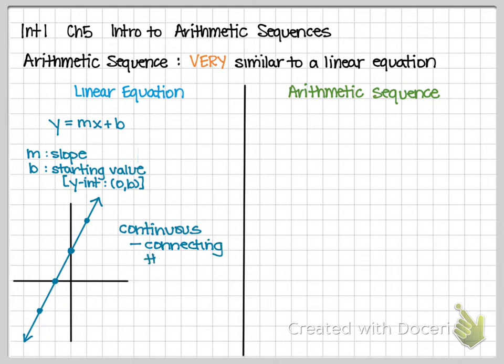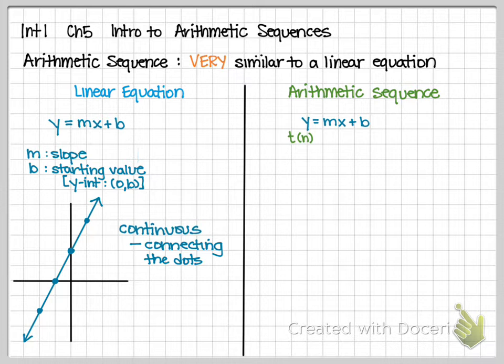All right, let's talk about a few differences and similarities with the arithmetic sequence. Well, the arithmetic sequence looks a lot like y equals mx plus b. So I'm going to go ahead and bring that over, and we're going to make a couple substitutions here. Instead of y, we are going to call this t of n.